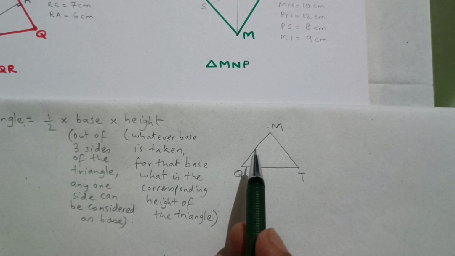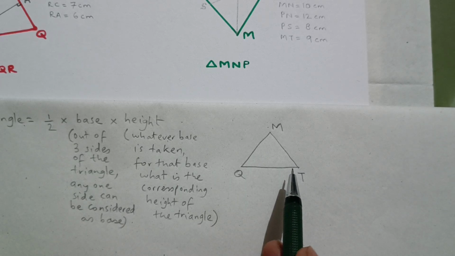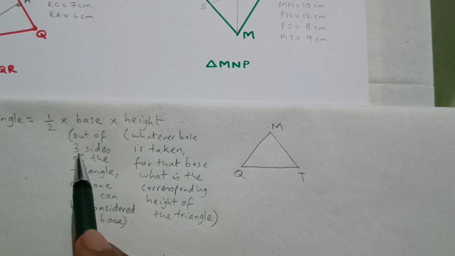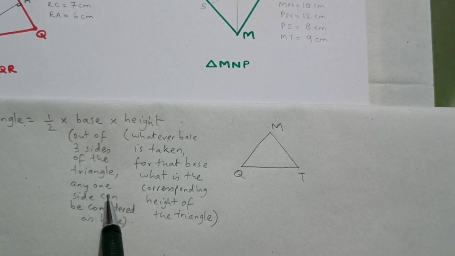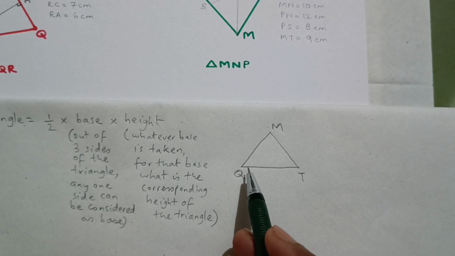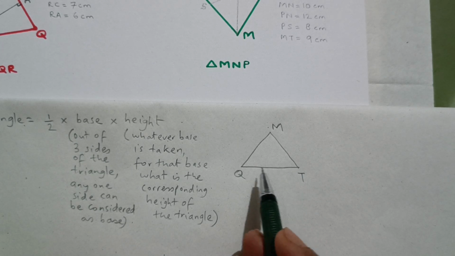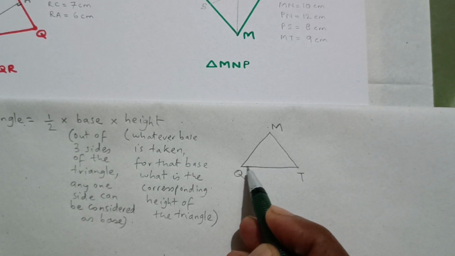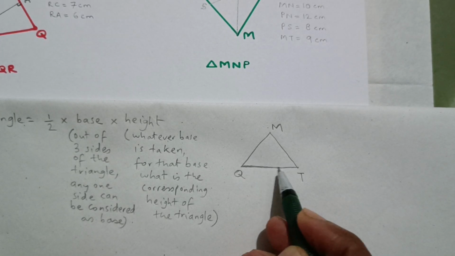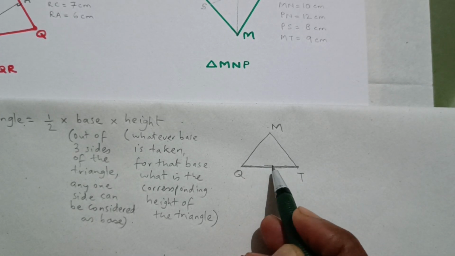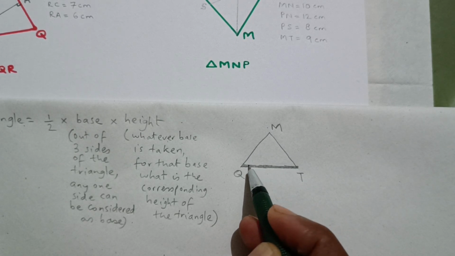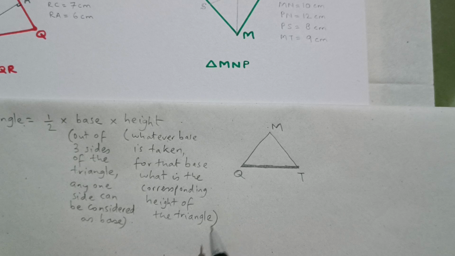The three sides are MQ, QT and TM. So out of these three sides, any one side we can consider as the base. So let us consider side QT as the base. So this is my base, side QT.